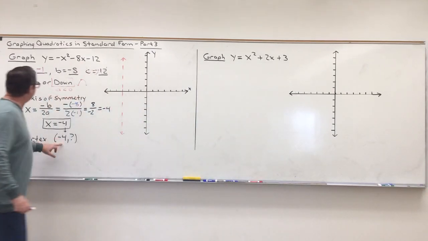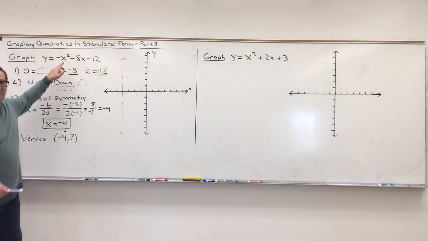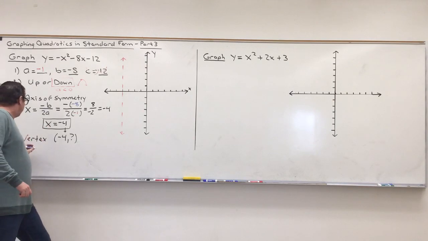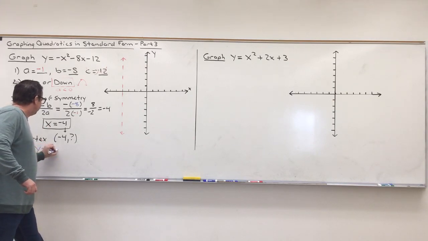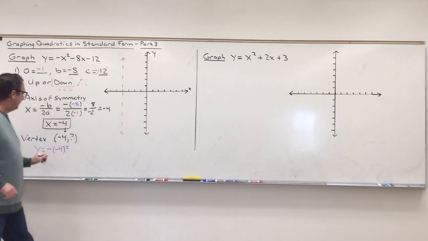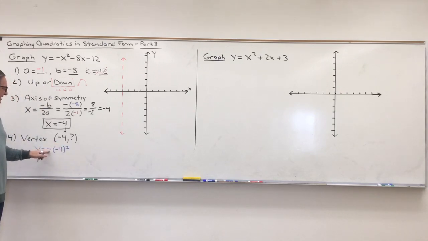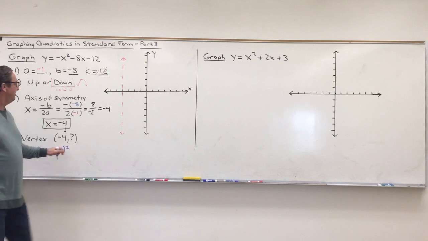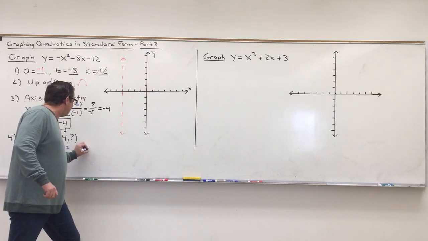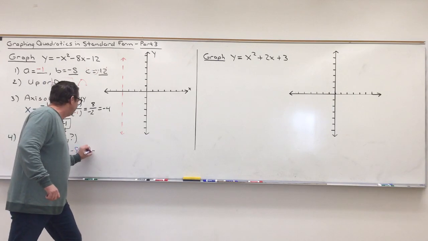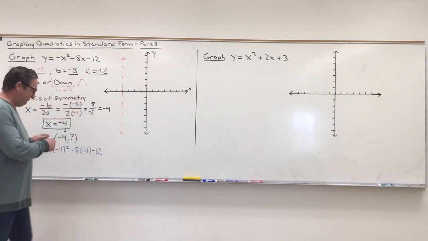So we're going to take the -4 and substitute in and do our order of operations. So I get, look at this here, y equals -4 squared minus 8 times -4 minus 12.